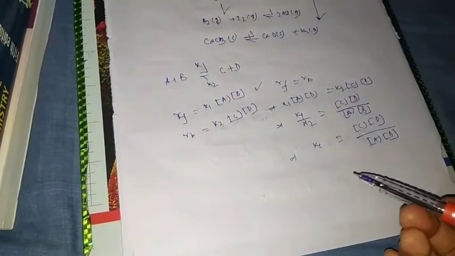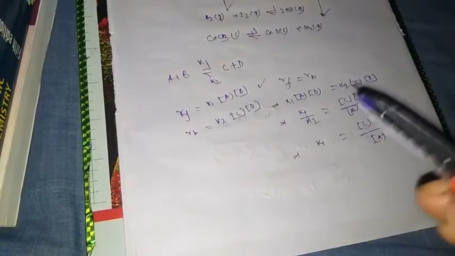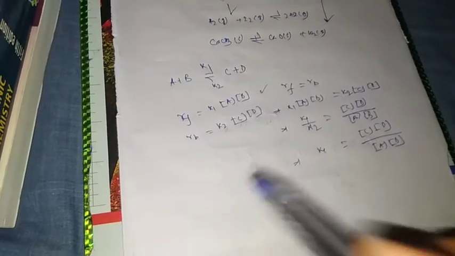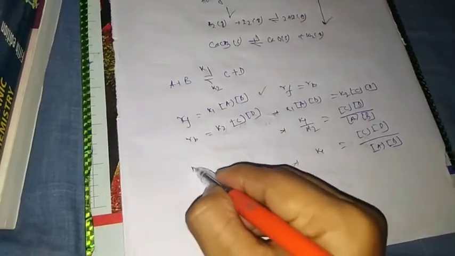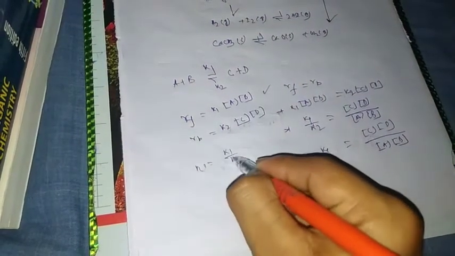Now here Kc is the constant at equilibrium condition, and this Kc equals K1 divided by K2.